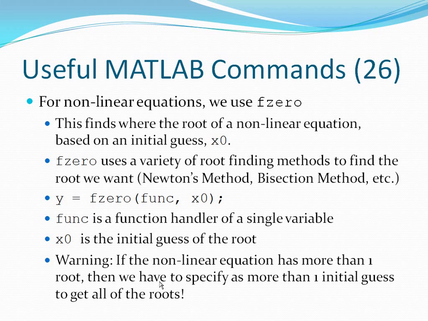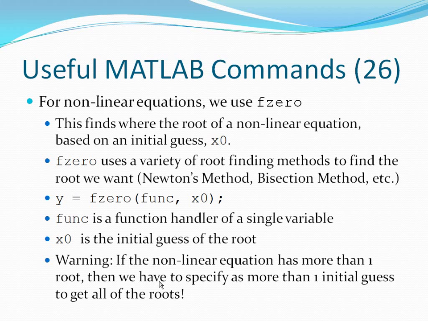Okay, so how fzero works is that it uses a variety of different root finding methods like Newton's method or the bisection method. It depends on the type of equation that you use, and then it'll use the best one that matches that particular problem. How you use the function is very easy. You use the fzero command, and then there are 2 parameters that go in. The first parameter is a function handle of a single variable, because fzero only works for finding roots of a one-dimensional nature.